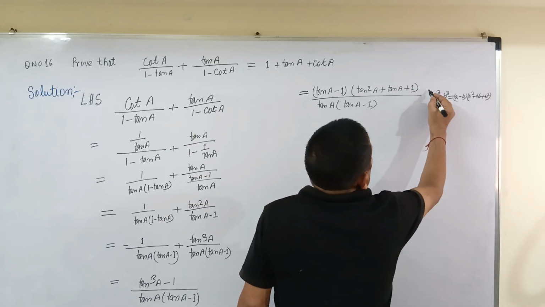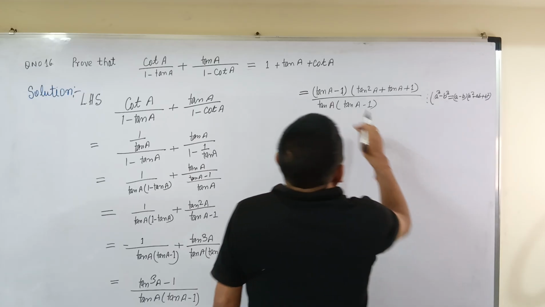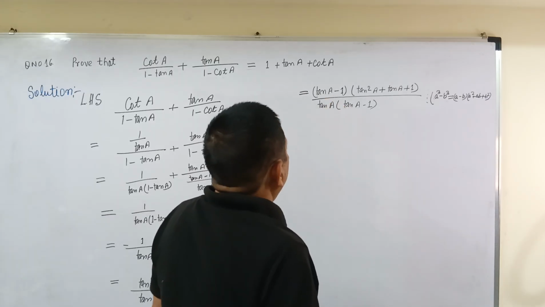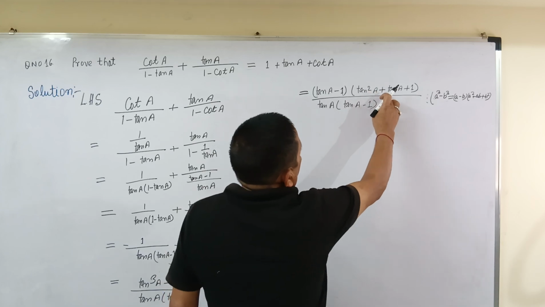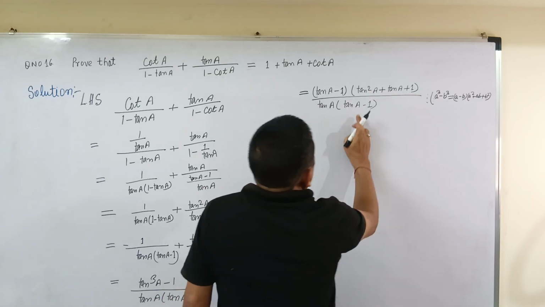So this is the formula that has been used. So we get tan A minus 1 into tan square A plus tan A plus 1.